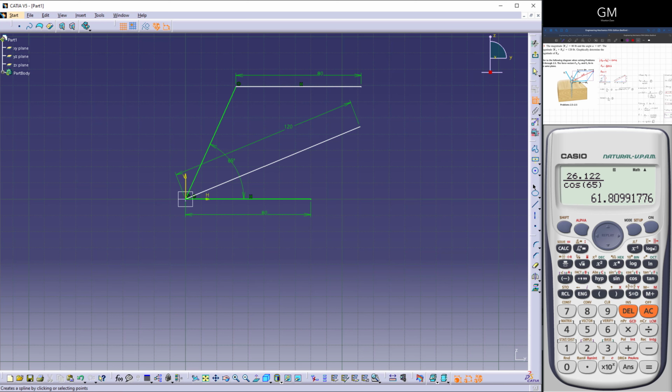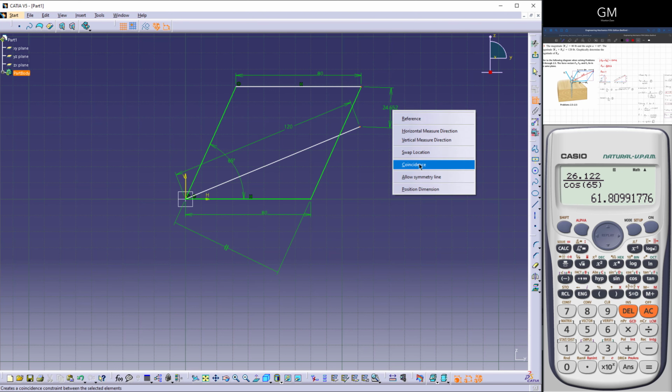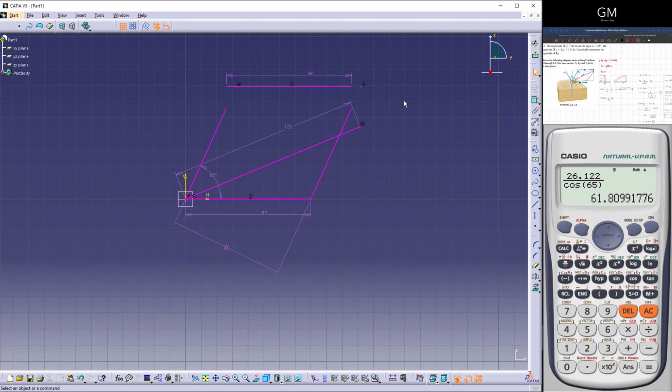Coincidence right here. And right here I have this measure. Coincidence, something is not correct. Let me do it again.